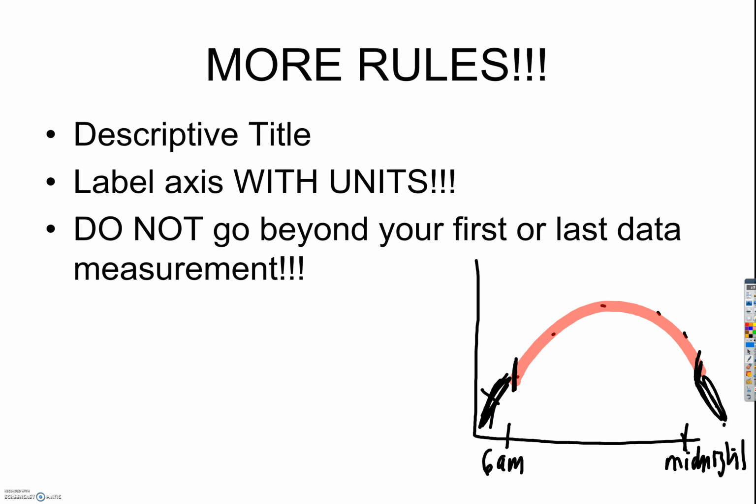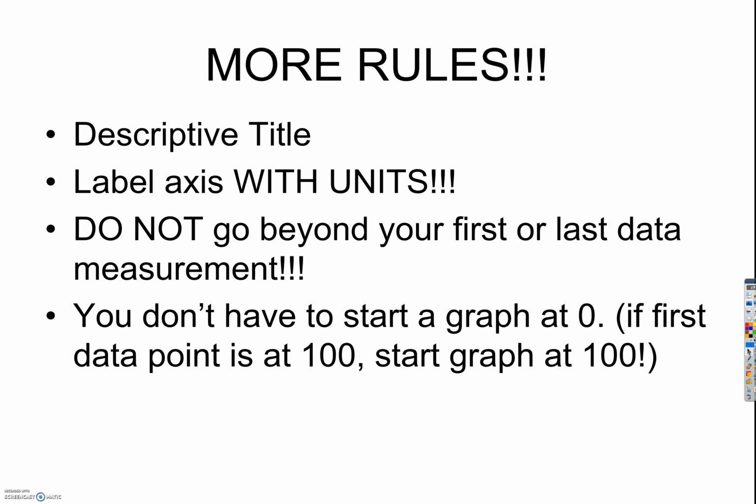A lot of people want to continue past the data points. You do not have to start at 0. That's something that's kind of been forced into your head in certain classes. But if the first data point you have is 100, and all your data points are between 100 and 200, you don't want to start at 0 and then not have any data until you get way up here where you can barely even see it. You can just start at 100. That's fine.